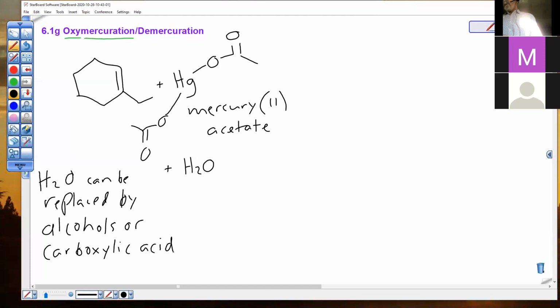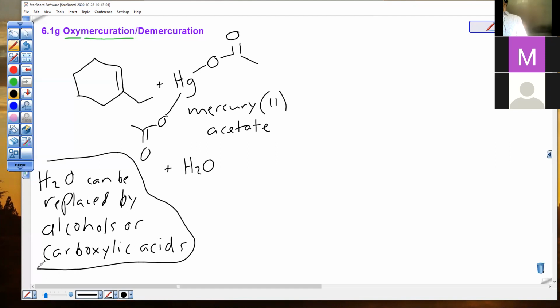We won't explore those until later. And that will give us our oxymercuration result that we see here. And I know you didn't learn the electronegativity of mercury, but you did learn the electronegativity of oxygen, and you do know it's the second most electronegative element that we know. And there will not be any changes to that.